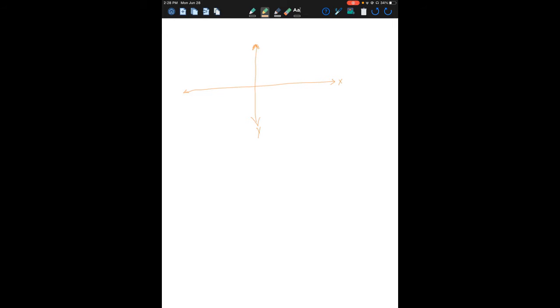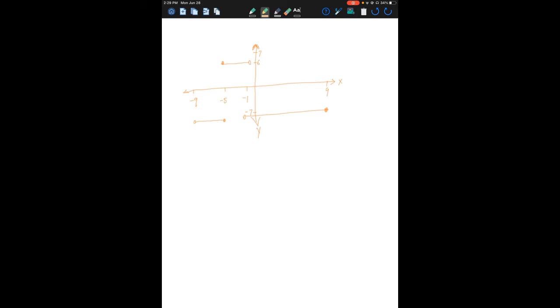Okay, now I'm going to draw the function. So here we are with our piecewise function.